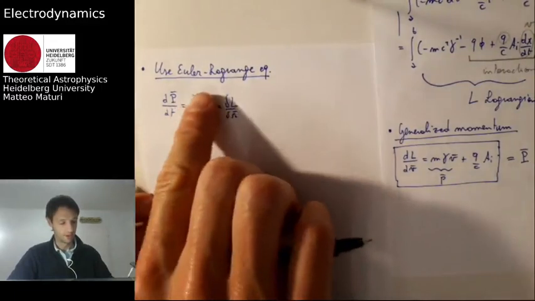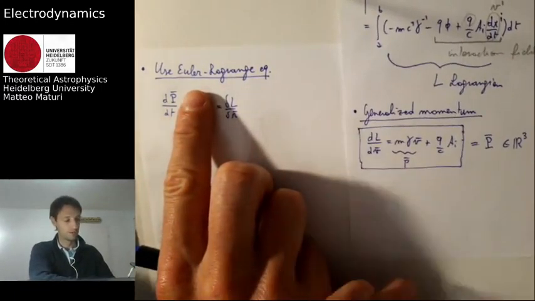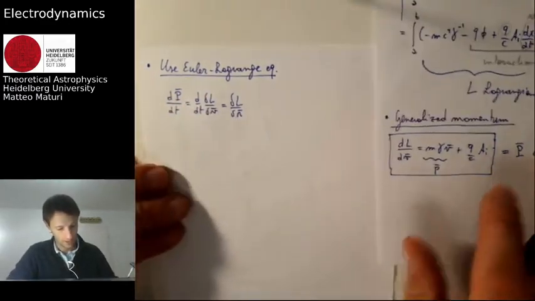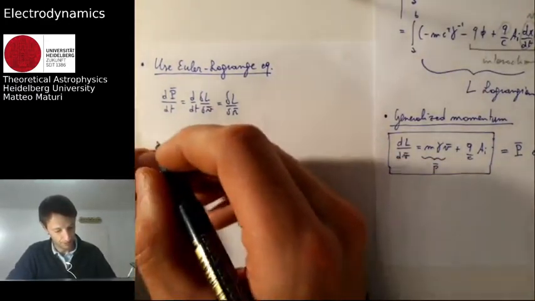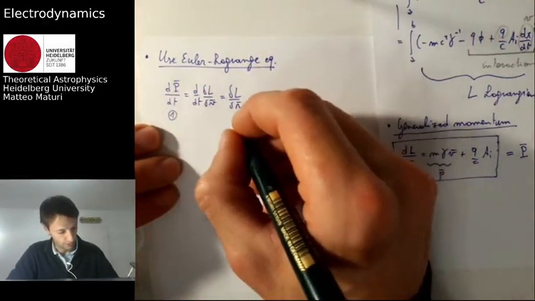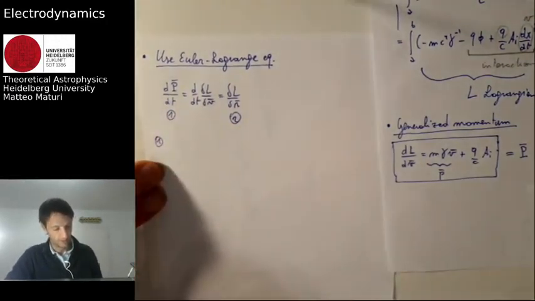This one I already computed, that's here. So we just plug it in, and we need to find the derivatives with respect to time. So I just call this one 1 and this one 2. So let's work on the first bit.